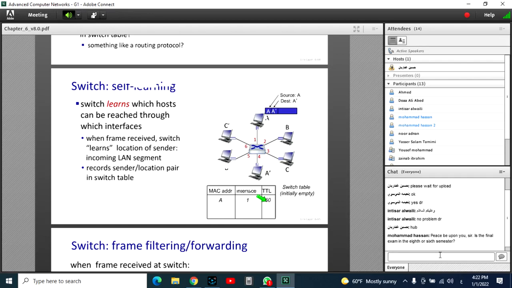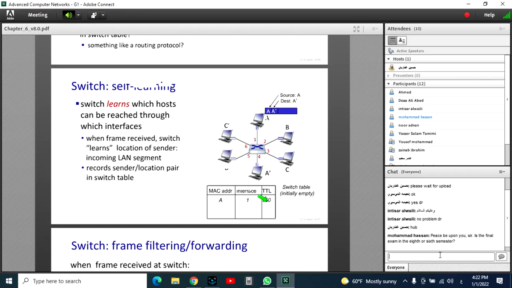So we put a TTL field in the record in the table for this reason. After, for example, 60 seconds, I will erase this record because of changes in the network. So the switch learns in this way.